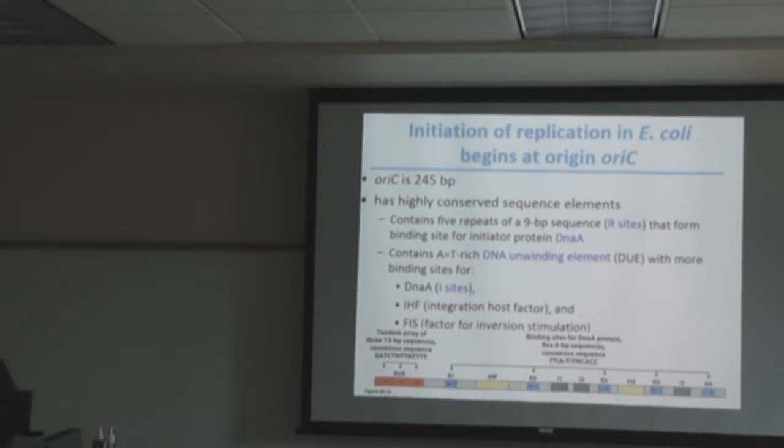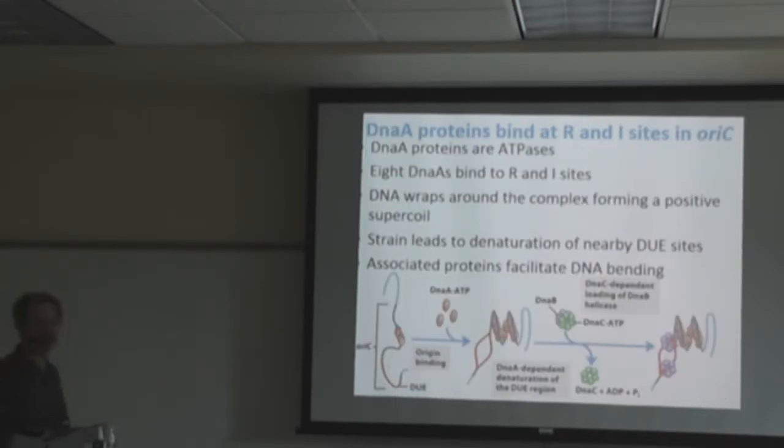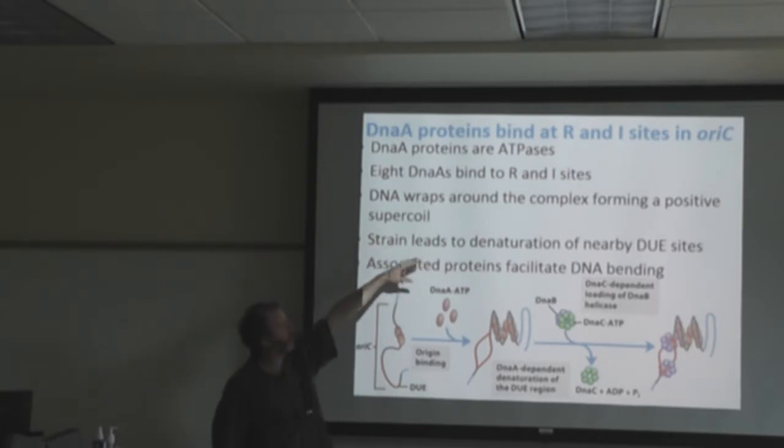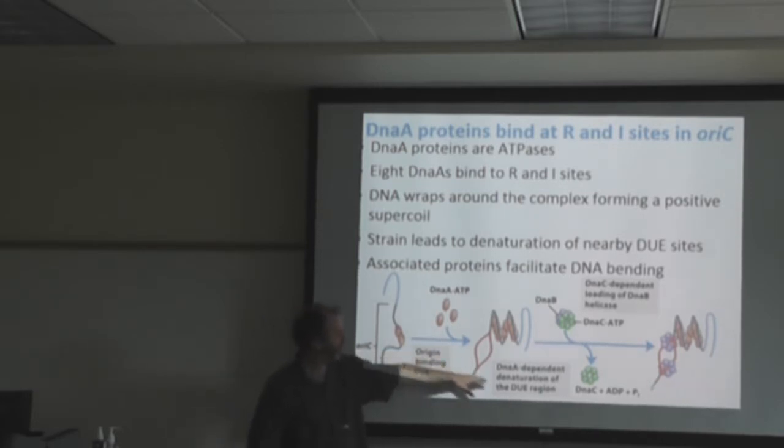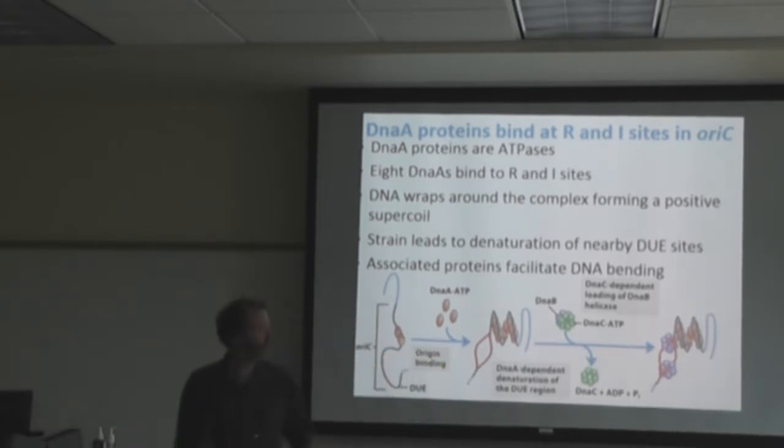So all those different sites we find at the origin. DnaA proteins are ATPases, so they're going to burn ATP, and 8 DnaA's bind the R and I sites. DNA wraps around the complex, forming a positive supercoil. That positive supercoil puts strain on the double helix, which helps it to unwind and denature at the DUE region, where you have all the A's.